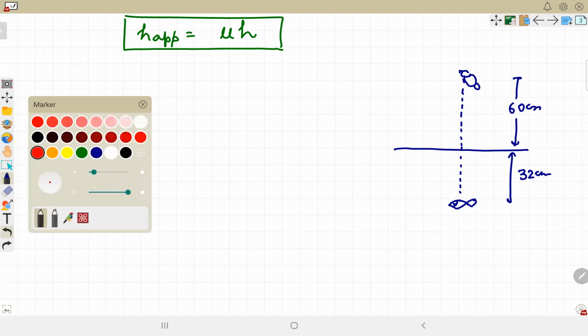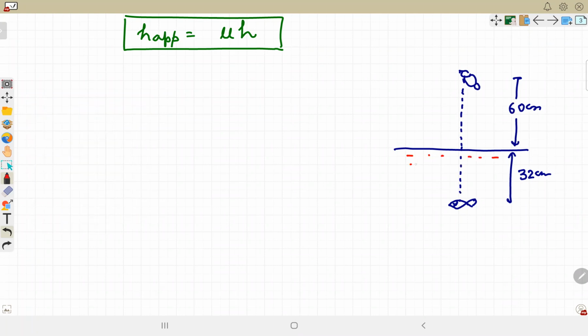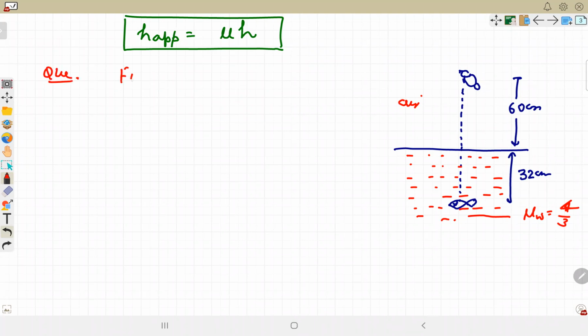The refractive index of the water is 4/3. The upper medium is air, the lower medium is water. Now the question is, find the distance of fish that appears to bird.